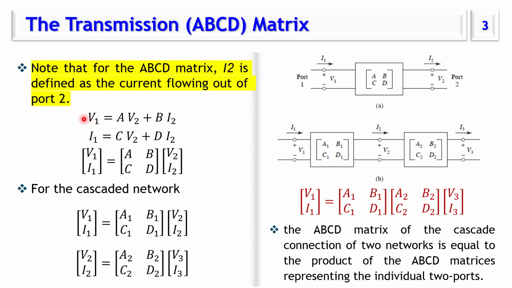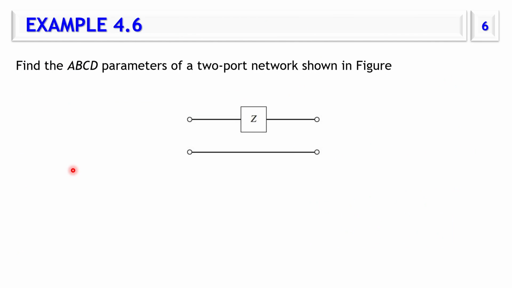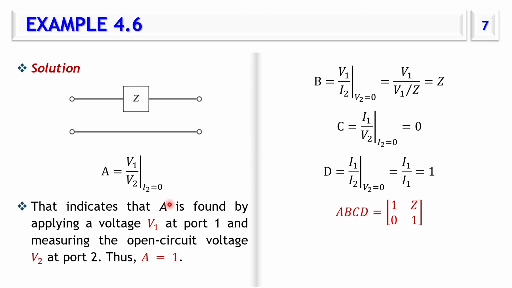B equals V1 over I2 when V2 equals 0, and so on and so forth. So we'll just write the definition and evaluate. When I2 equals 0, what does this mean? It means that port 2 is open circuit. So if port 2 is open circuit and we put V1 here, what is the voltage on this terminal?